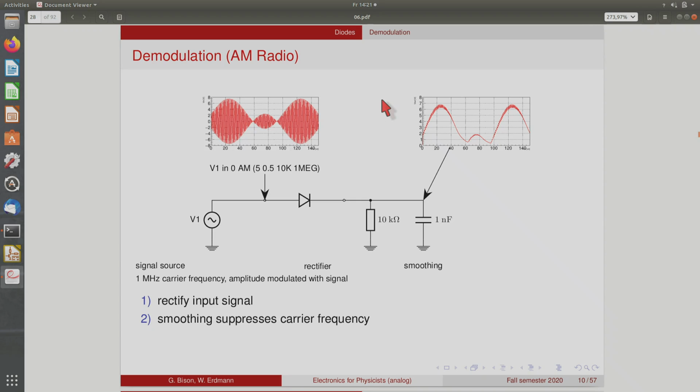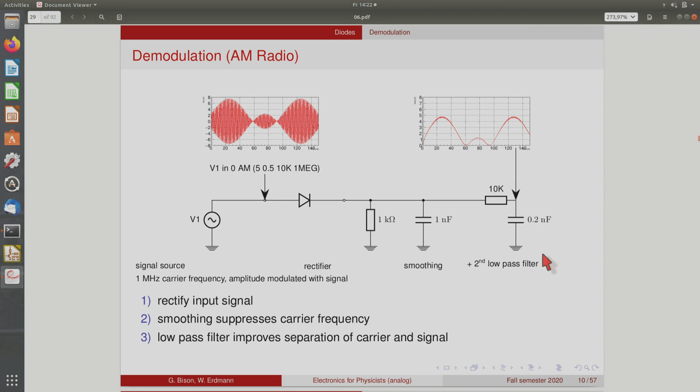Then the second part is to smooth out the signal. So you want to get rid of the fast oscillation. And one way to do this is, again, to use a smoothing capacitor, which washes out the fast oscillation. So this is now something that looks almost like you wanted to have. And the reason that it doesn't look good is that this is not an excellent filter.